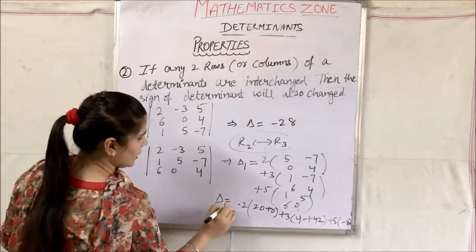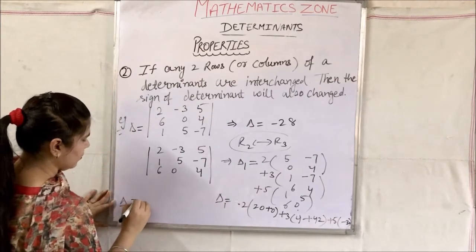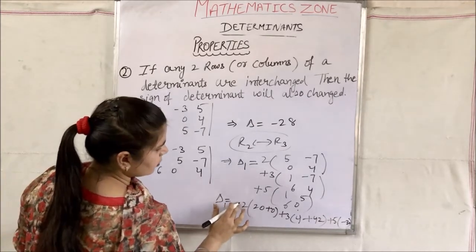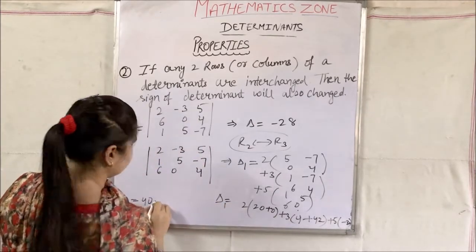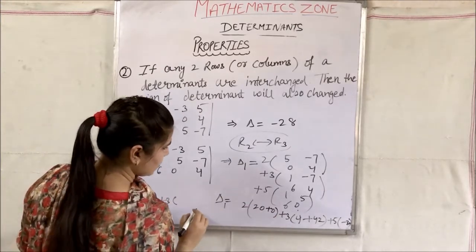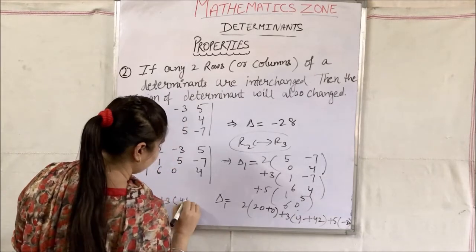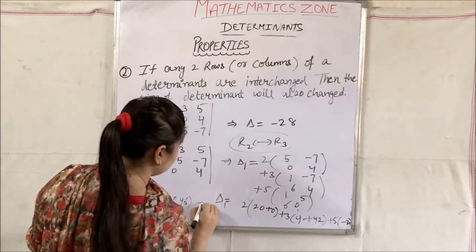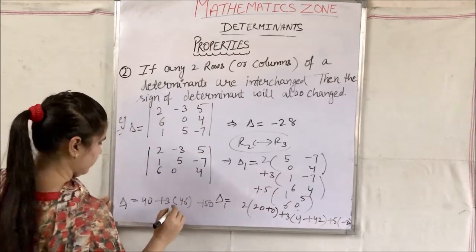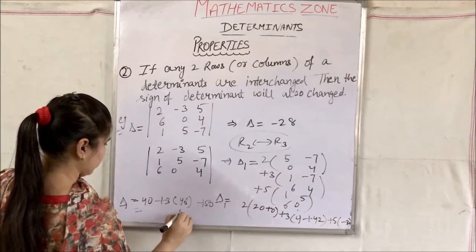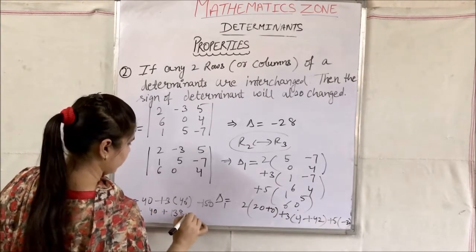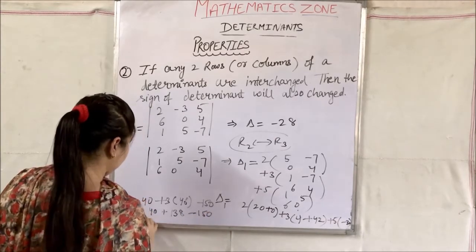Now after calculating delta 1, we will be left with 40, plus 42, plus 4, 46, minus 150. 5 into 30 is minus 150. 138 plus 40 minus 150.